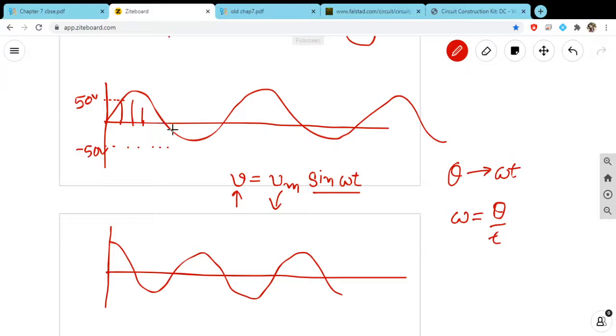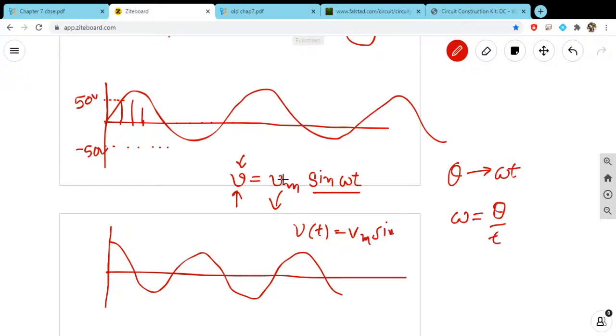Then again at another time interval, it changes its instantaneous value. That is called V. You can write V as a function of time t, equal to Vm sin omega t.